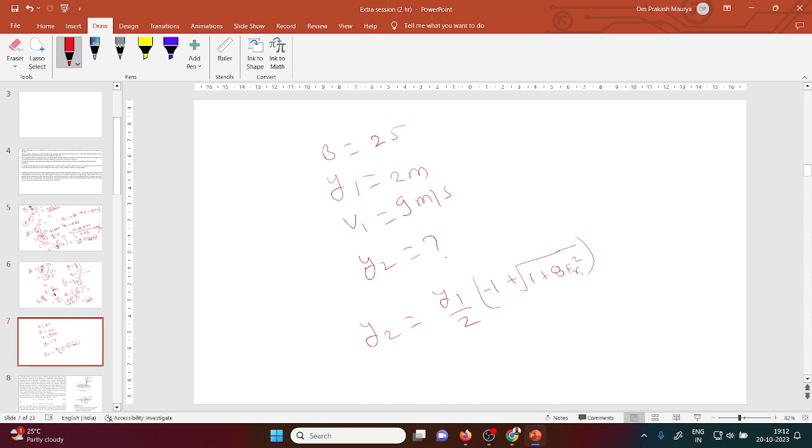So how much will you get? Y1 is 2, so Y1 by 2 is 0.5. Minus 1 plus 1 plus 8 FR1.